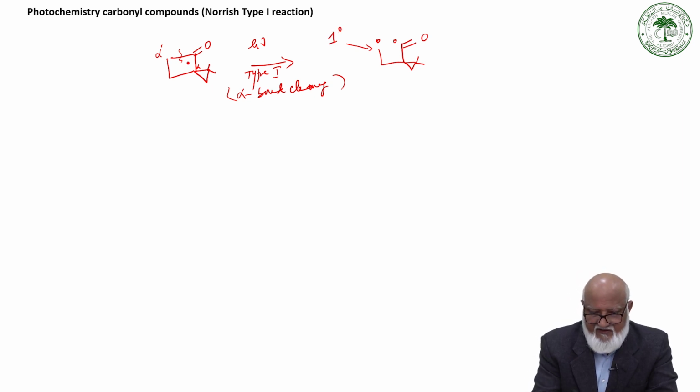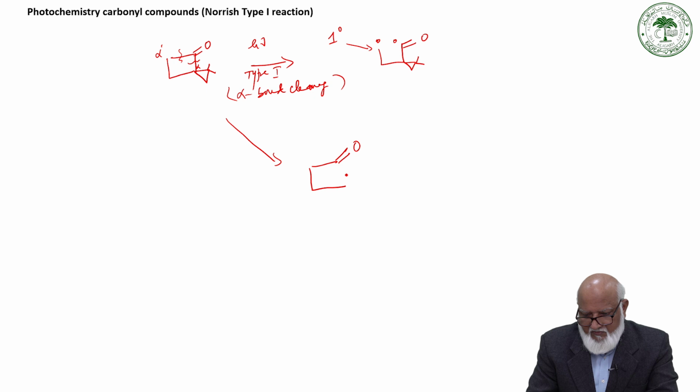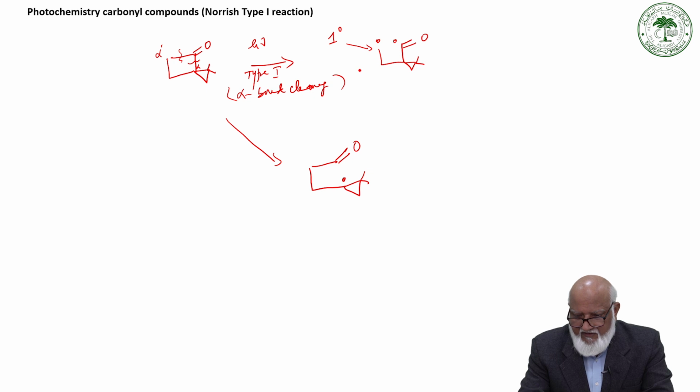Let us cleave this. Cleavage of alpha, and then this cleavage will give a C double bond O. This one is a primary radical.